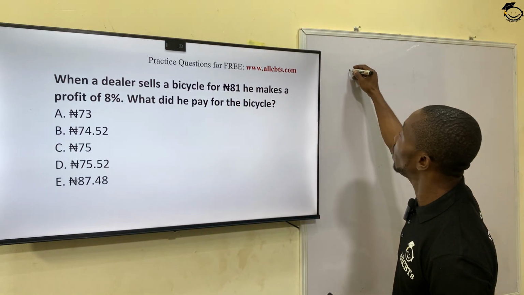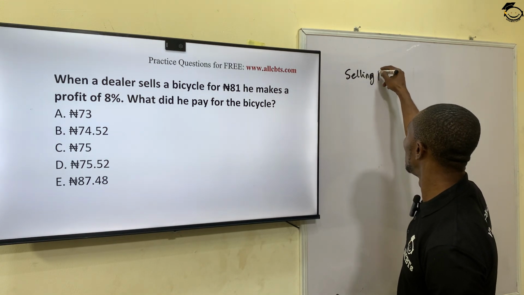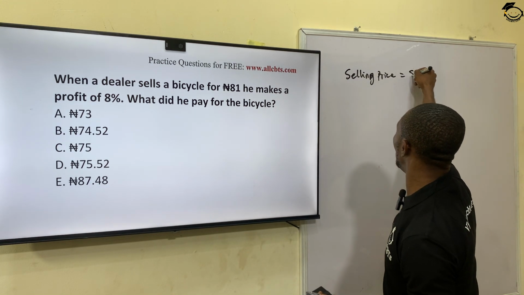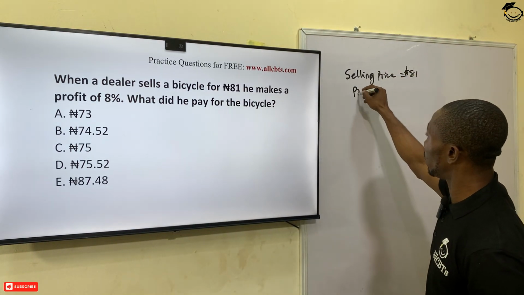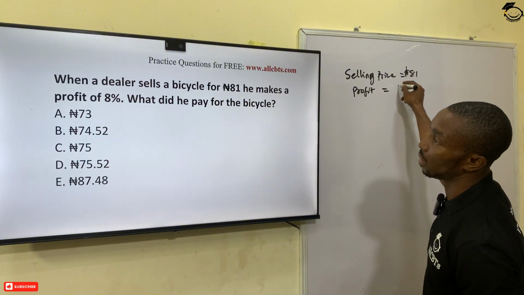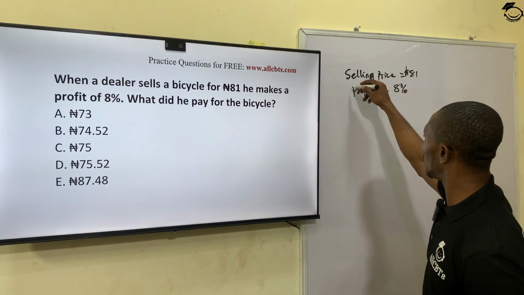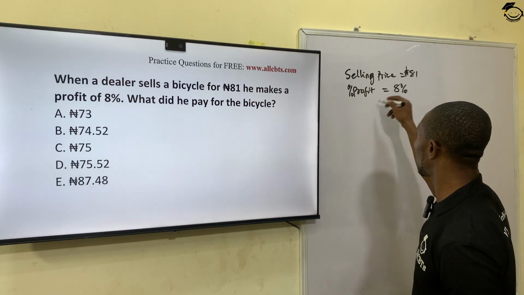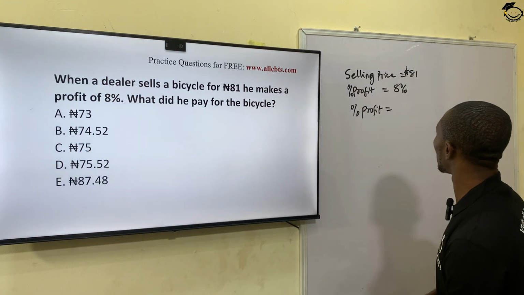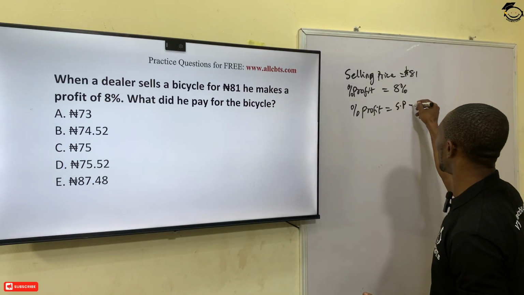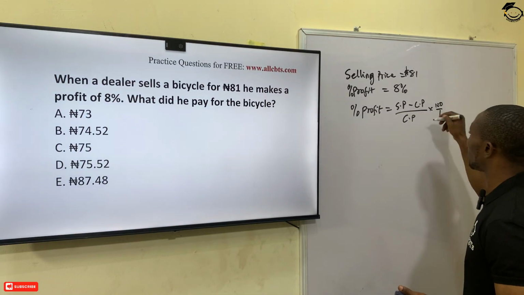Now, the selling price is 81 naira, and the profit made was 8%. Okay, this is percentage profit. So for percentage profit, we have selling price minus cost price all over cost price times 100 over 1.